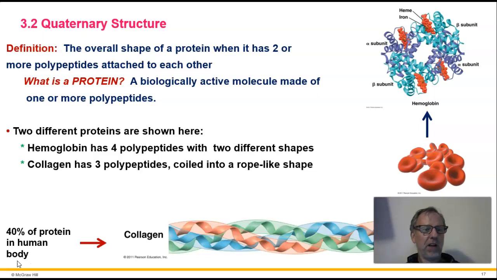About 40% of our protein in the human body is collagen. We have a lot of it in our bodies. So wrapping up, this is the 4th level of protein structure, only if a protein has 2 or more polypeptides. And what is a protein? Went over that. And then 2 examples on here of proteins with a quaternary level of structure.